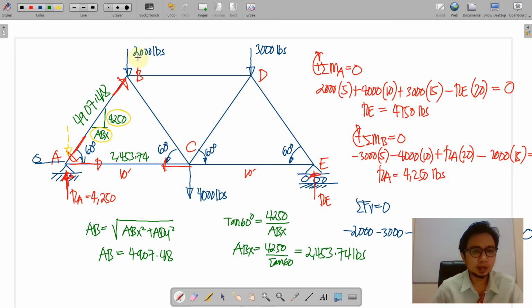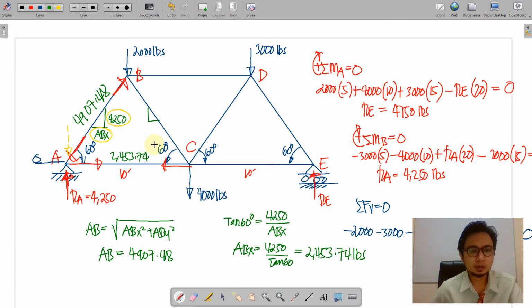As of the moment, we have a downwards 2,000 here and an upwards 4,250. Again, there is no other force to balance the vertical other than BC, because BD is a purely horizontal force. So therefore, only the vertical component of BC shall balance our vertical for B. So by that, again, we draw the force triangle.